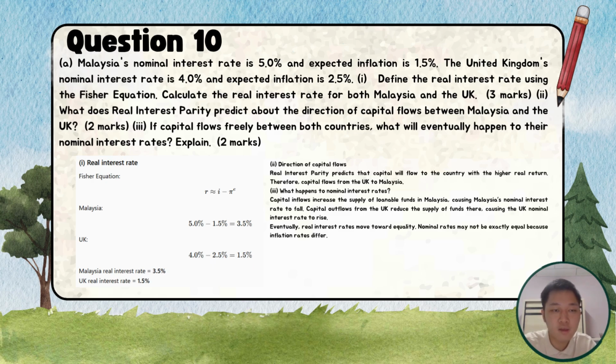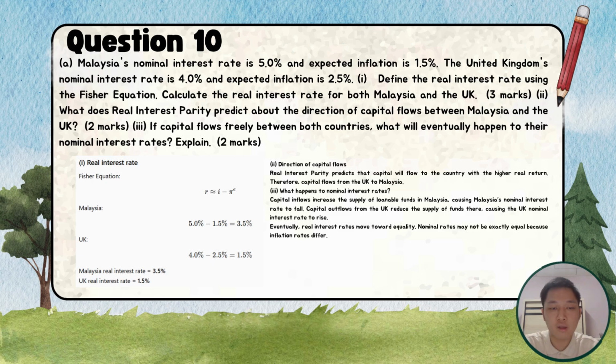For question 10a, the Fisher equation says that the real interest rate is equal to the nominal interest rate minus expected inflation. For Malaysia, the nominal interest rate is 5% and expected inflation is 1.5%. So the real interest rate is 5% minus 1.5%, which equals 3.5%.